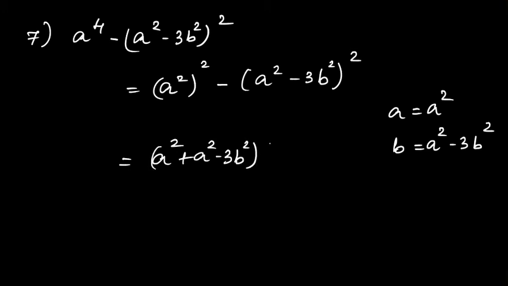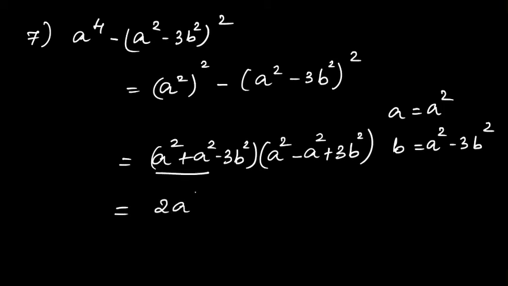Then a minus b, we get a square minus a square minus into minus 3b square, you will get plus 3b square. So the next step, a square plus a square you can add, so we'll get 2a square minus 3b square into a square minus a square will get cancelled, so we have only 3b square.